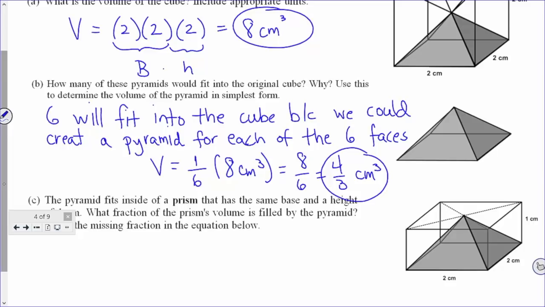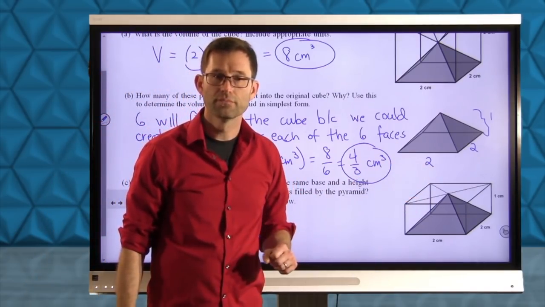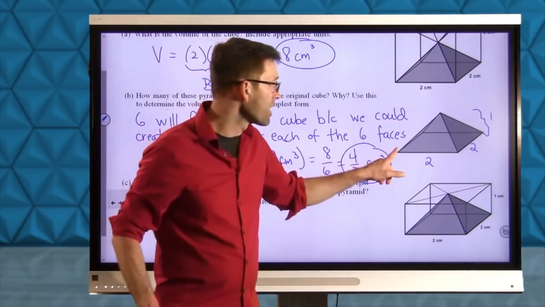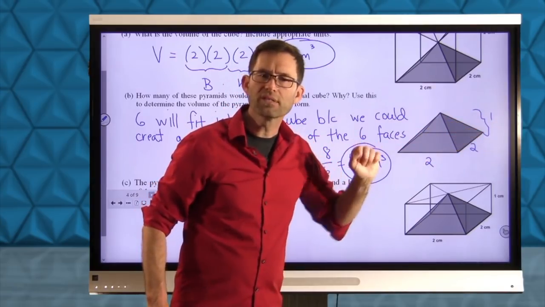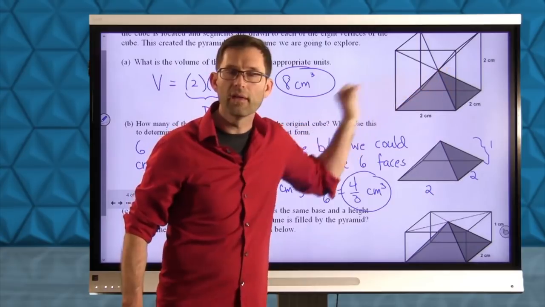So this particular pyramid has a volume of 4/3. Now keep in mind that it's got a base that's a square 2 by 2, and it's got a height of only 1 centimeter, right? Because it only comes up halfway in this overall cube.